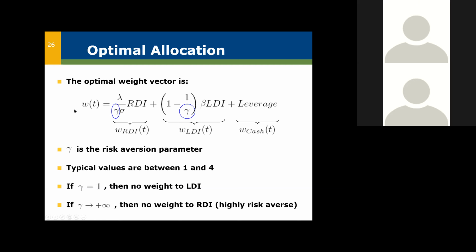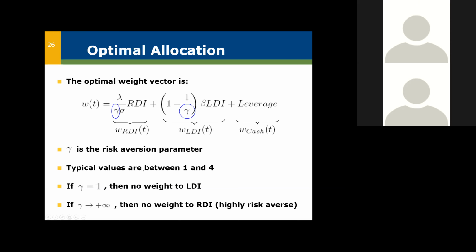So what I want to talk about is a little bit more interesting idea. Remember we talked about that these weights tend to be static, so that you have your fixed weight RDI portfolio, your fixed weight LDI portfolio or liability hedging portfolio, and then you size those appropriately. But then the other thing is that we want to keep a good funding ratio. In other words, we don't want the funding ratio to drop too low, and we don't want it to become too high.